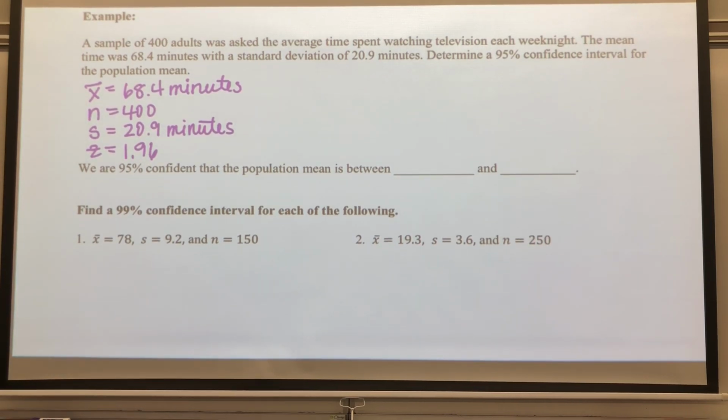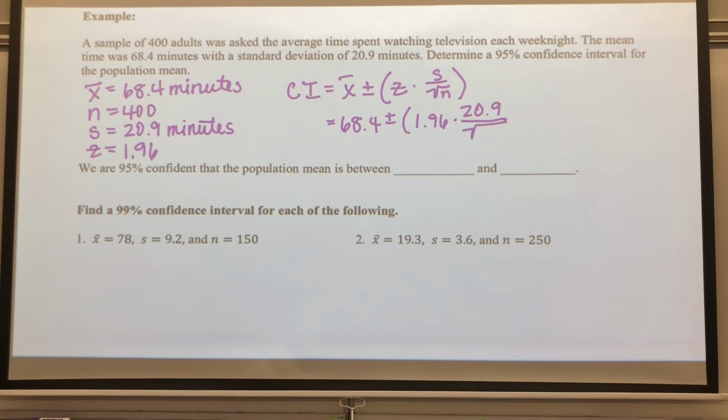So I'm going to put this into my formula, which is X bar plus or minus Z times S over root N. So 68.4 plus or minus 1.96 times 20.9 over the square root of 400.